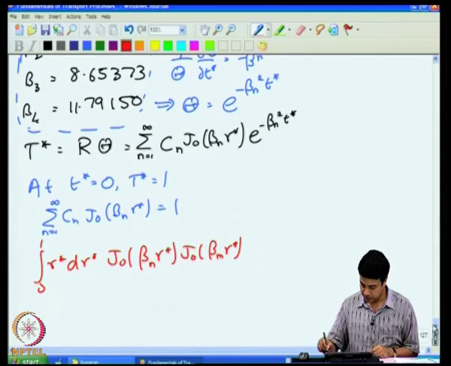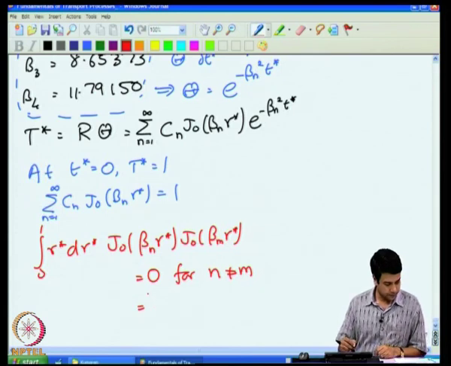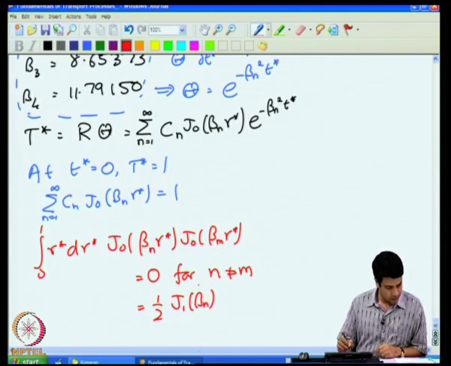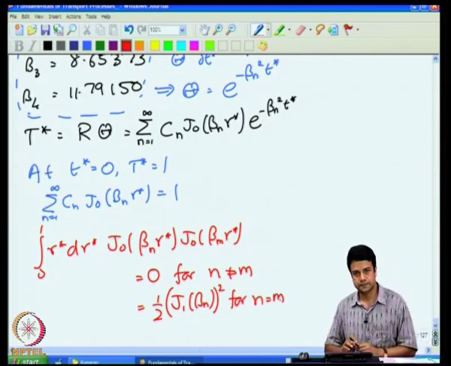Okay. This is equal to 0 for n not equal to m, and this is equal to half J 1 of beta n the whole square for n is equal to m. Okay.